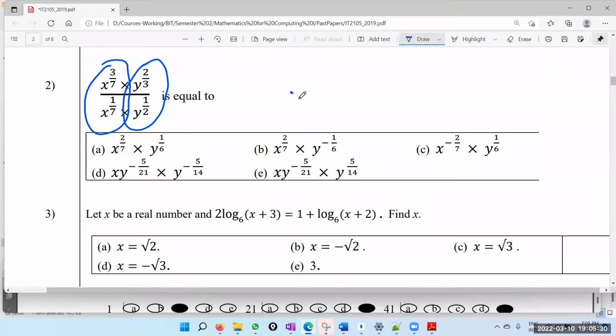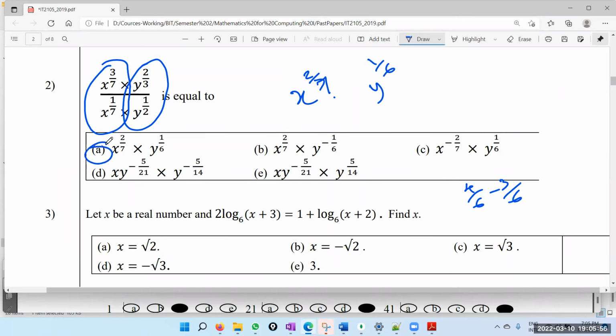Therefore, I can write this as 3 by 7 minus 1 by 7, which is 2 by 7. Here, 2 by 3, I can write as 4 by 6 minus 3 by 6, which is 1 by 6. Right? So the answer is x to the power 2 by 7, y to the power 1 over 6.